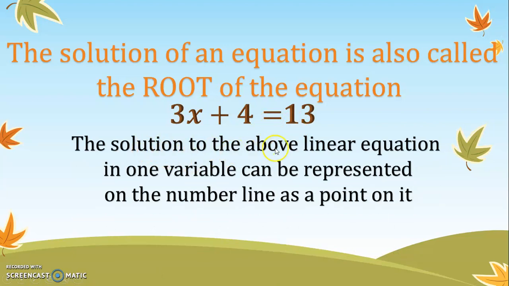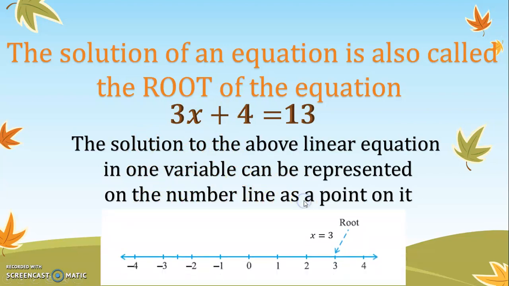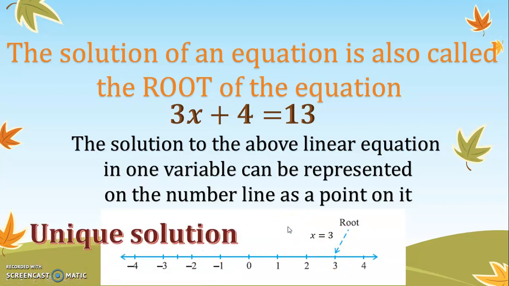The solution to the above linear equation in one variable can be represented as a point on the number line. So x is equal to 3 is the root of the equation, and if I take the number line, I can represent the root as a point on the number line.